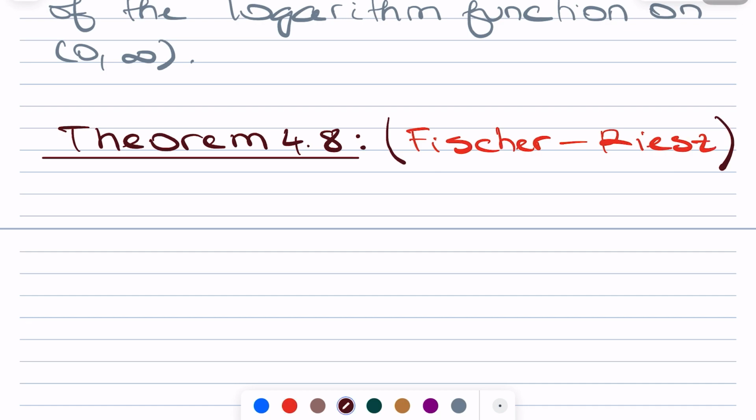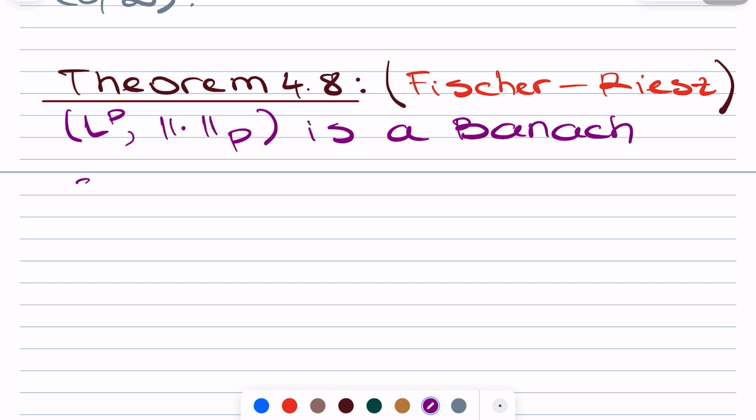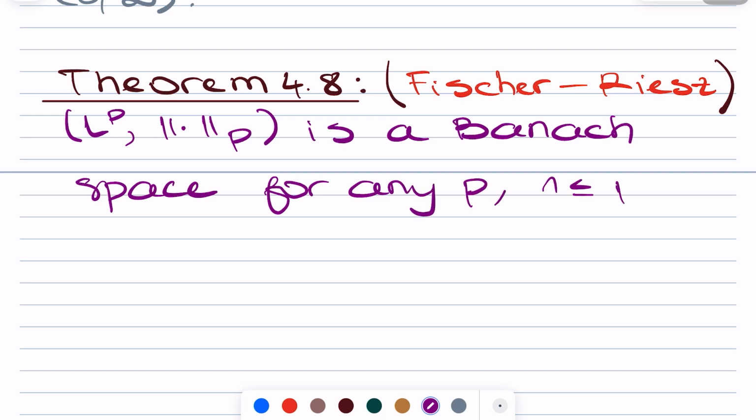The theorem states that L^p of omega with the L^p norm that we defined above is a Banach space, for any p between 1 and plus infinity. Again, you can try to prove it if you want, but it is not complicated.